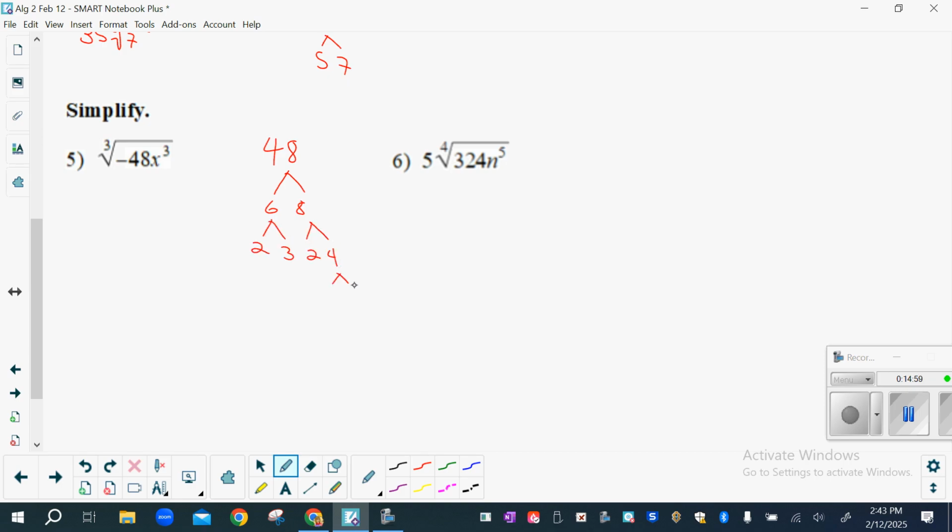Okay, hold on. Okay, so now we're going to find the factors of 48, and we did a factor tree, so that's the cube root of -1 times 1, 2, 3, 4 2's, and then 1, 3. So we have a group of 3 what? 2's.